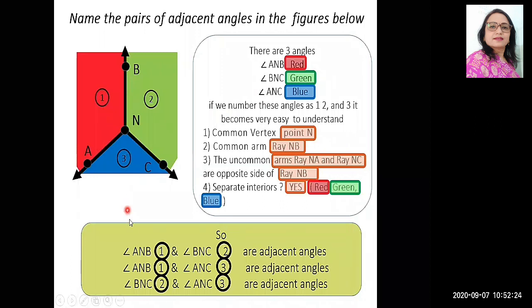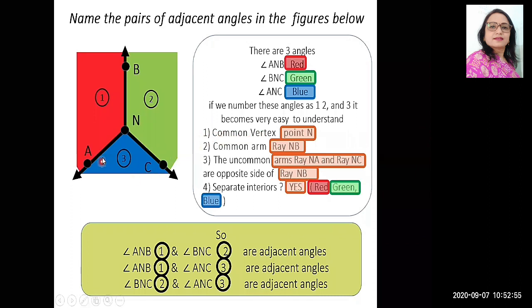Now, the first is angle A and B, that is angle 1, and angle B and C, that is angle 2. Are they adjacent or not? To find the adjacent angles, we have to follow the conditions. So the first condition is common vertex.